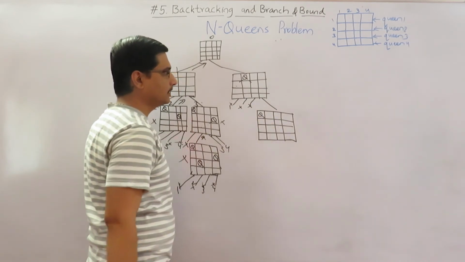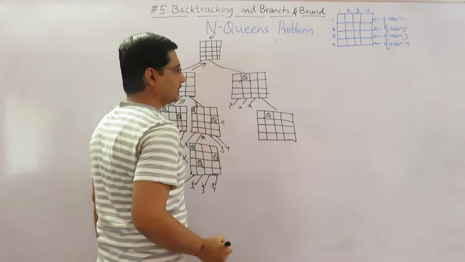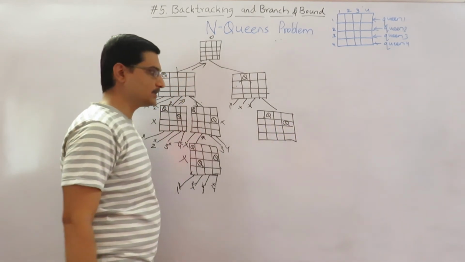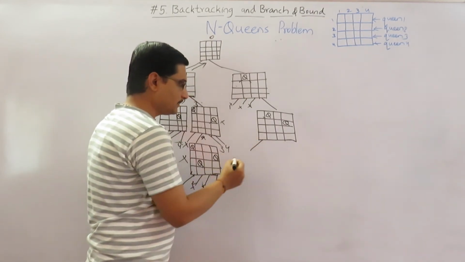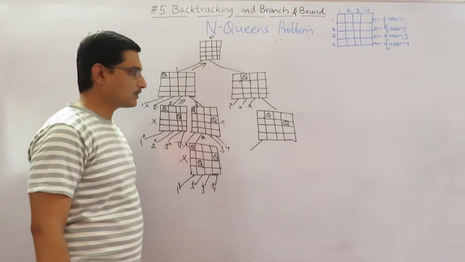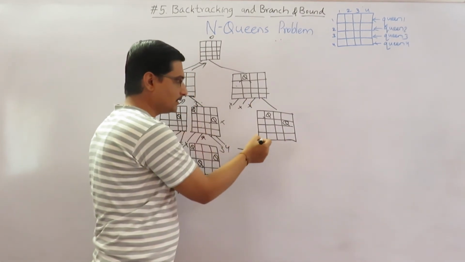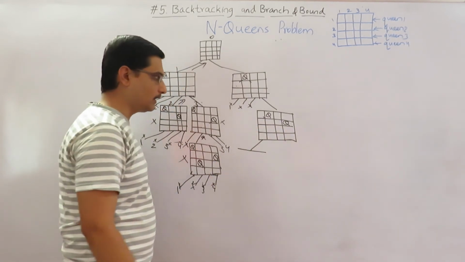First queen in the second column, second queen in the fourth column. Yes, possible. Then, for the third queen, is it possible to place it in the first column? Yes, it is possible because there are no queens in the first column and there are no queens in the third column.